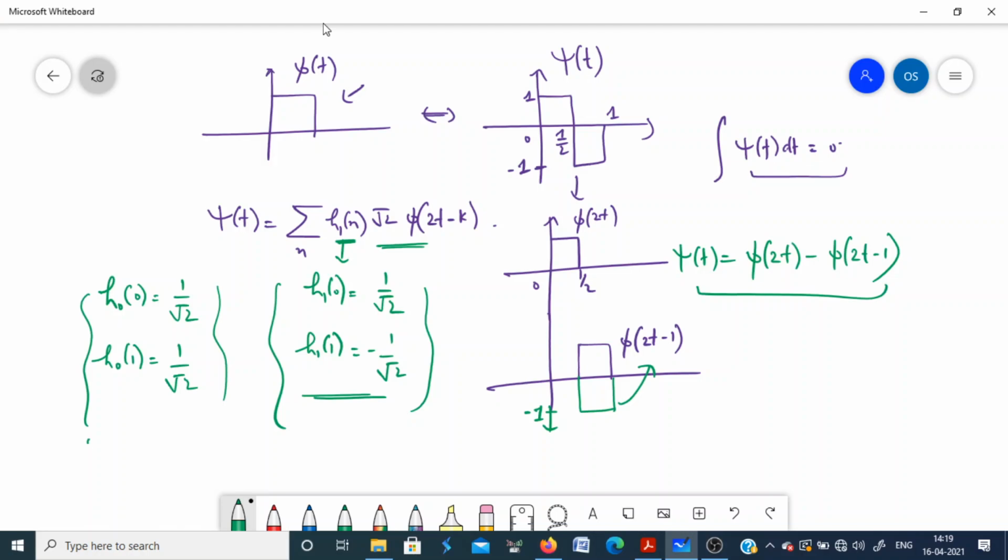This is the solution when you write phi t as summation over n of h0[n] root 2 phi of 2t minus n. For this you get these coefficients, called scaling filter coefficients, and for the wavelet equation we got these coefficients, called wavelet filter coefficients.